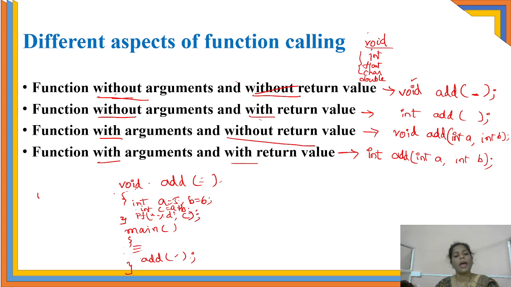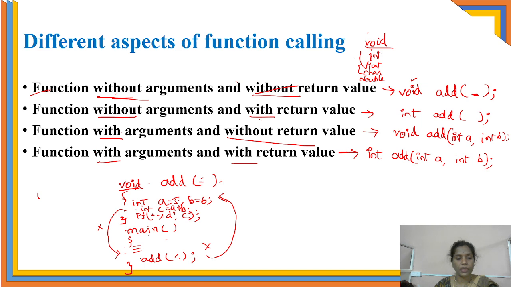So this is the addition of two integer numbers in the first case. The function doesn't have any arguments, so main will not send any arguments to the function. The function doesn't have any return type, so it does not return an answer to the main.